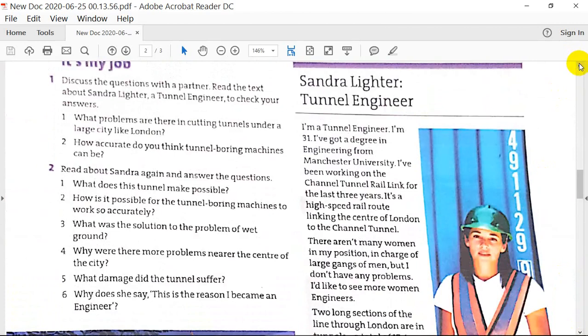Number 1, discuss the questions with a partner. Read the text about Sandra Leiter, a tunnel engineer, to check your answers. Number 1, what problems are there in cutting tunnels under a large city like London?